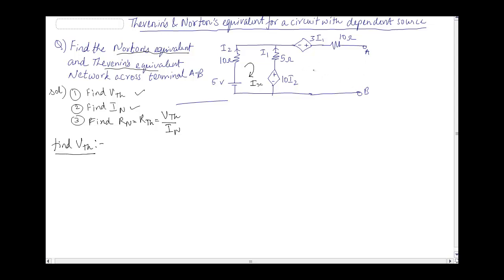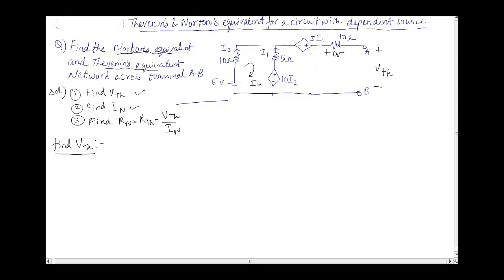So actually there is only one mesh here. And from this we need to find the VTH, which is across this one. Now already you can see that here the voltage is not going to be there because there is no current flowing here. So this is 0 volt because there is no current flowing.